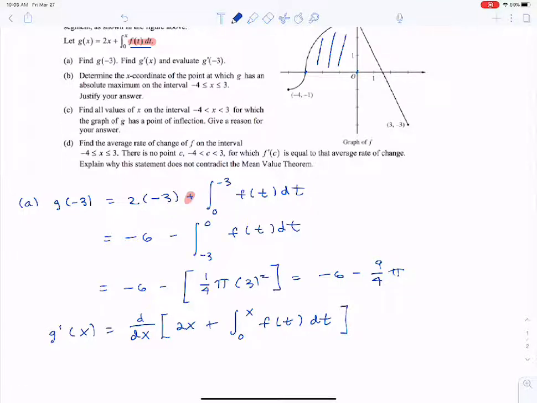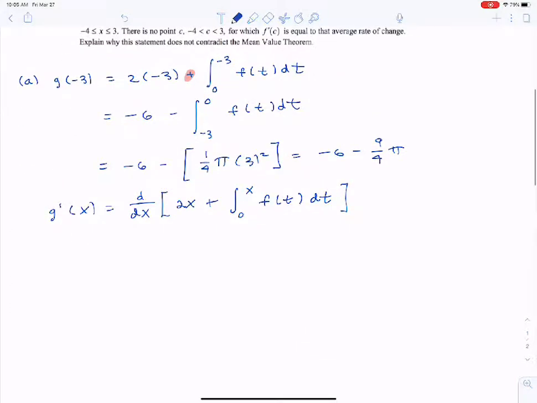Again, in regards to the concept that I'm going to be doing here, is everybody okay with this? Okay, then let's keep on going. Let's take the derivative here. The derivative of 2x is 2. And then using the second fundamental theorem, we get f of x.